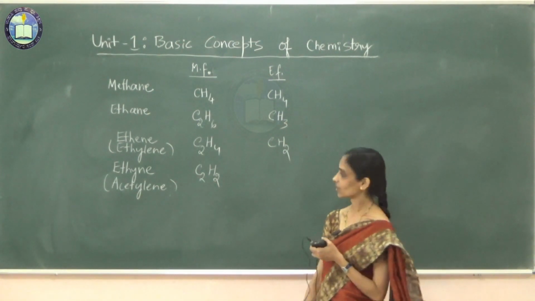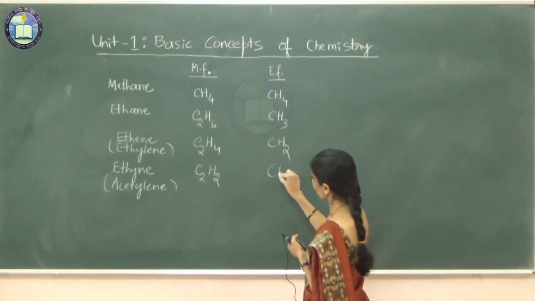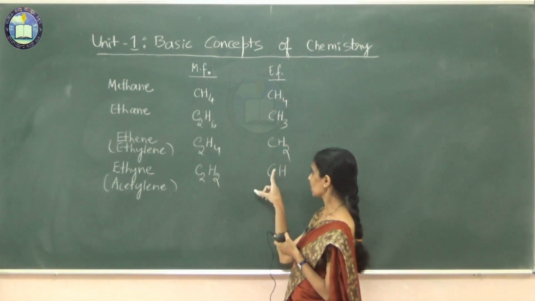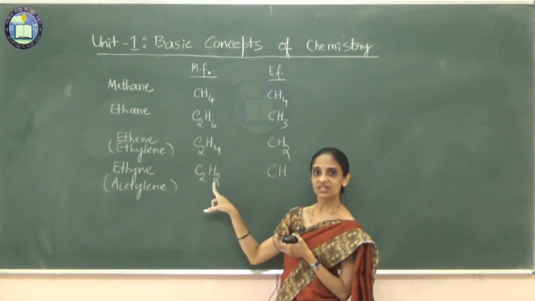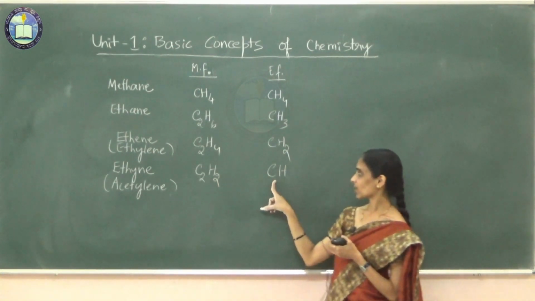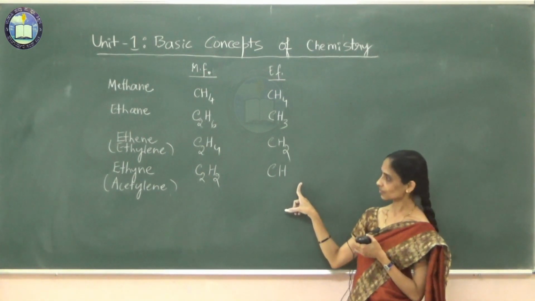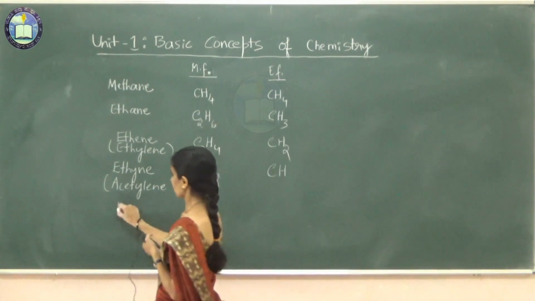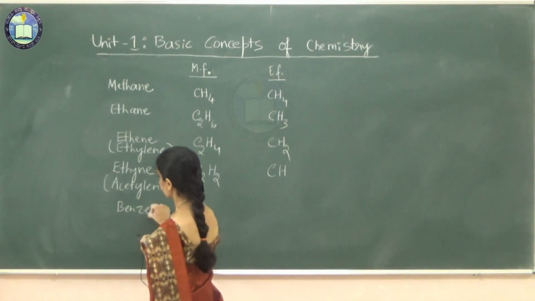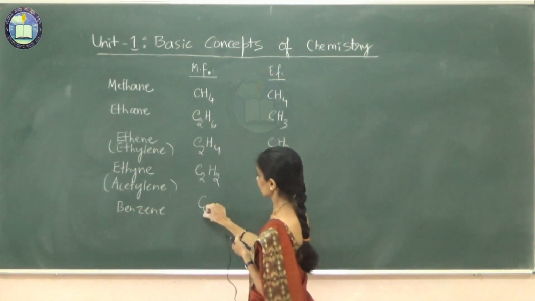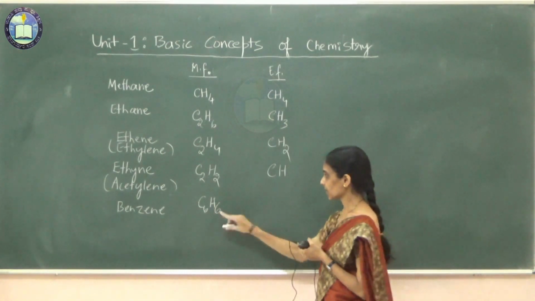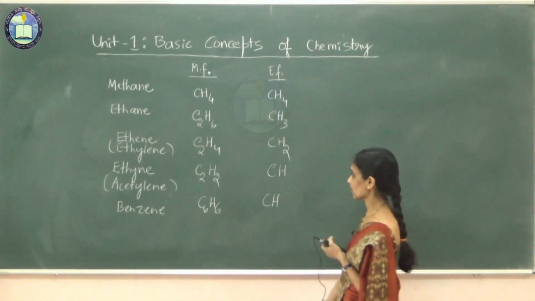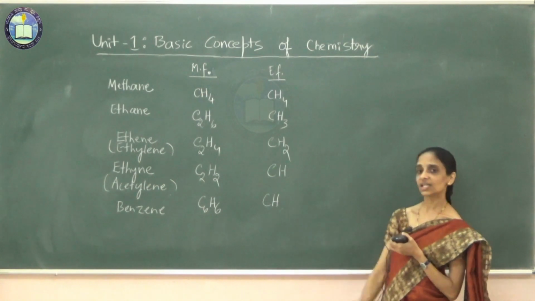C2H2. So, the empirical formula will be C1H1, is it not? If you divide it by 2, you can simplify it and the formula becomes CH. You already saw the formula for benzene. Molecular formula C6H6 divided by 6, empirical formula will be CH.